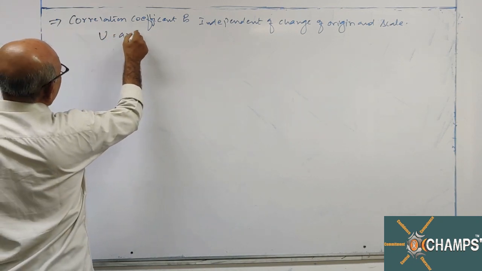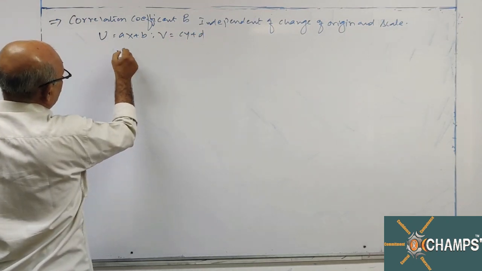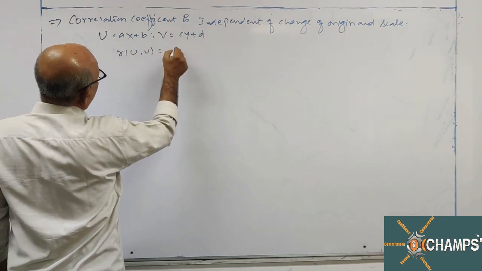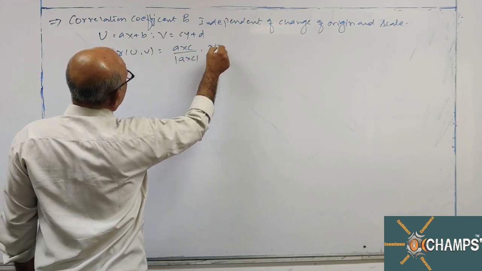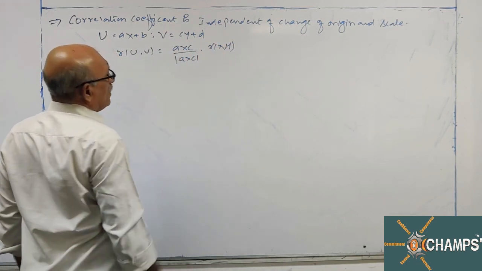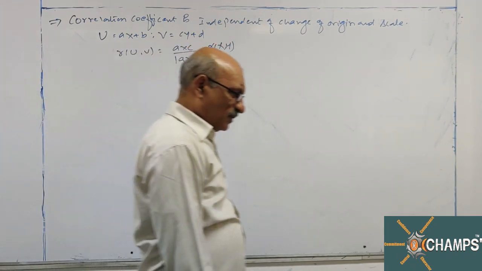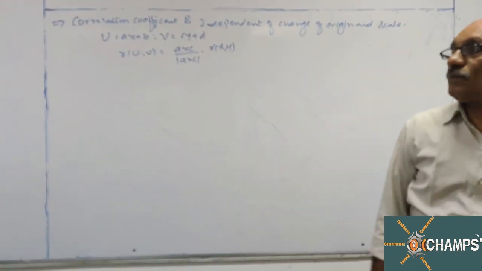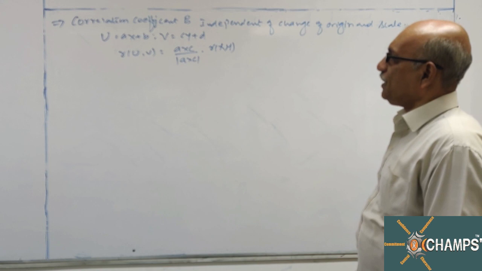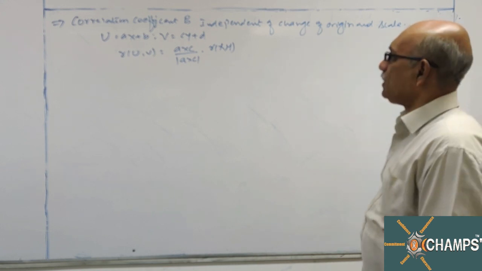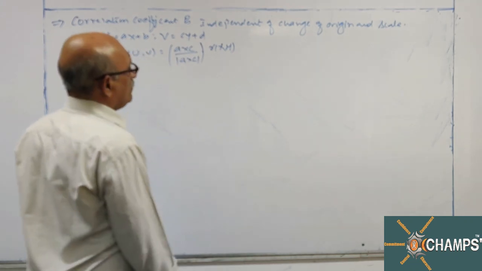If u is equal to ax plus b, v is equal to cy plus d, r of u comma v is equal to a into c by modulus of a into c, and this ratio multiplied with r of x comma y.